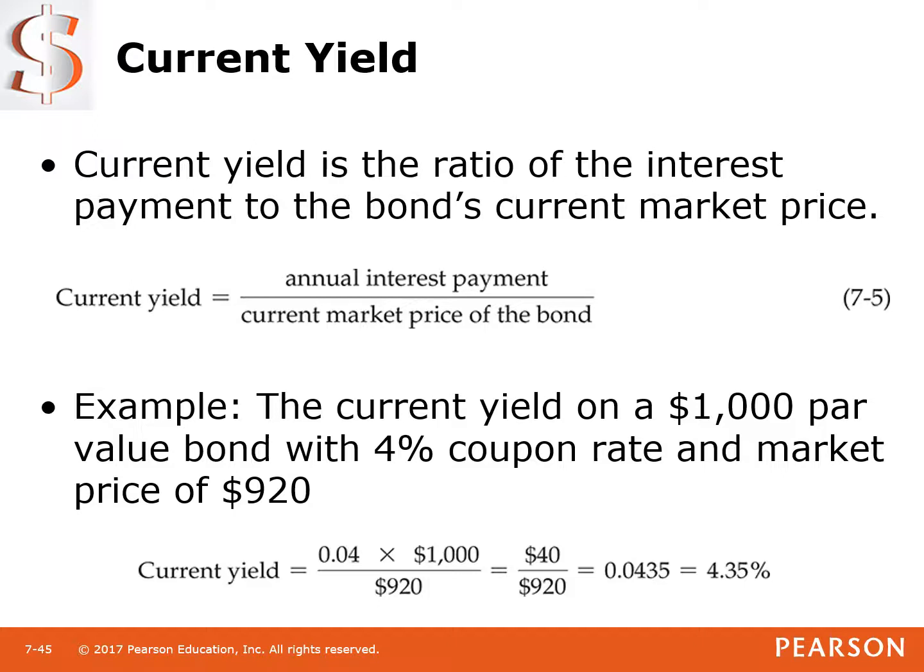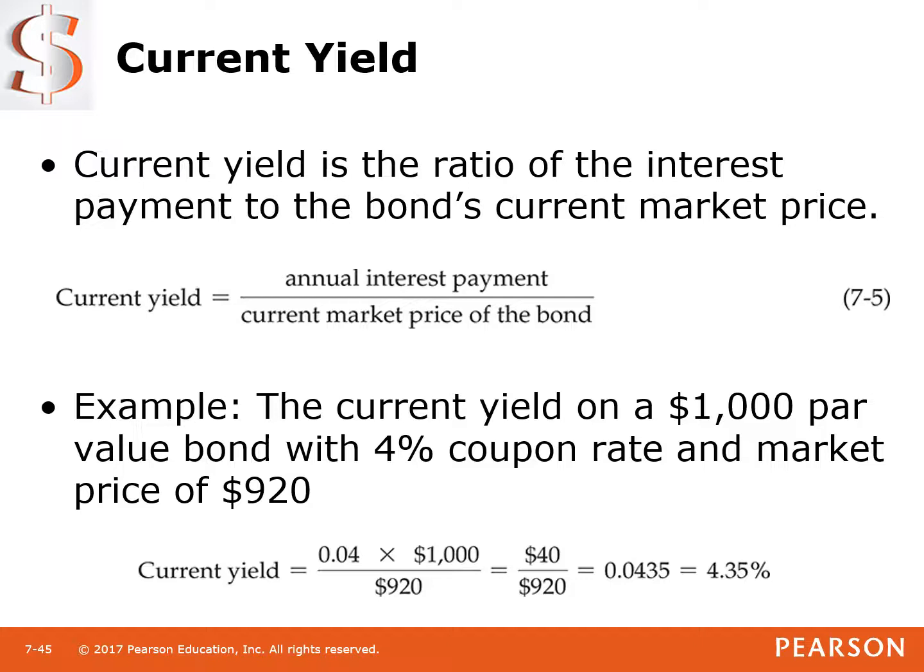The current yield is the ratio of interest payment to the bond's current market price. So how we calculate that is we take the annual interest payment divided by your market price. So it's saying if you pay this much and get this much in interest, here's how much you're yielding each year. So the current yield on a $1,000 par value bond with a 4% coupon rate.